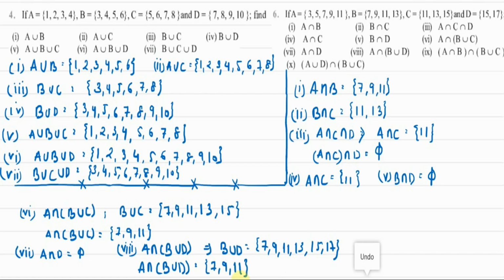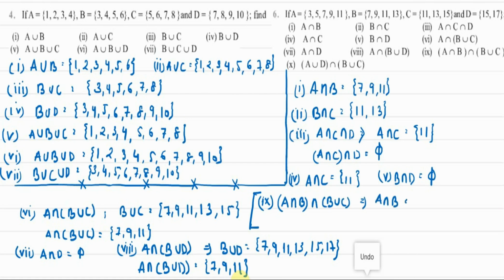So now we have the ninth part. Ninth part says, find out (A intersection B) intersection (B union C). So we need to write down A intersection B first.